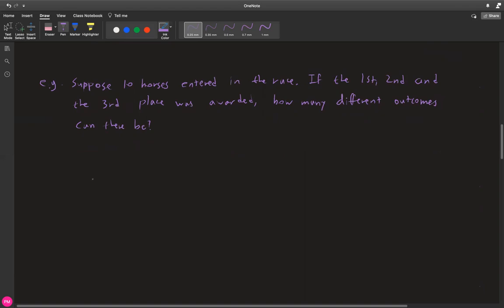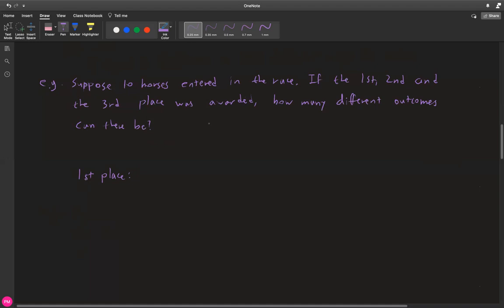Let's divide it into different places. So for the first place, how many different ways can a horse come in the first place? I know that's a very weird wording, but let's say we name the horse by number.